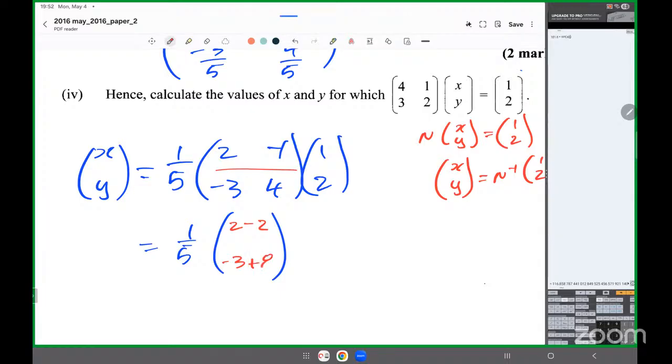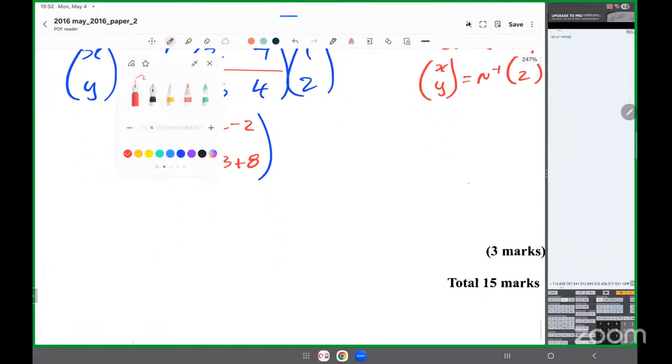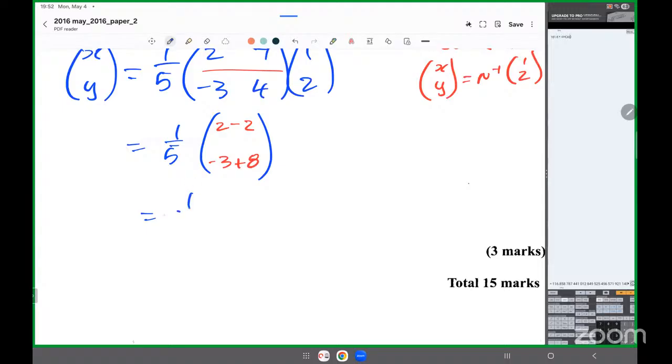Plus 8. This becomes equal to 1/5 of 0, 5, because 8 minus 3 is a 5. Final answer: 0 divided by 5 is 0, 5 divided by 5 is 1. So your xy is 0, 1.